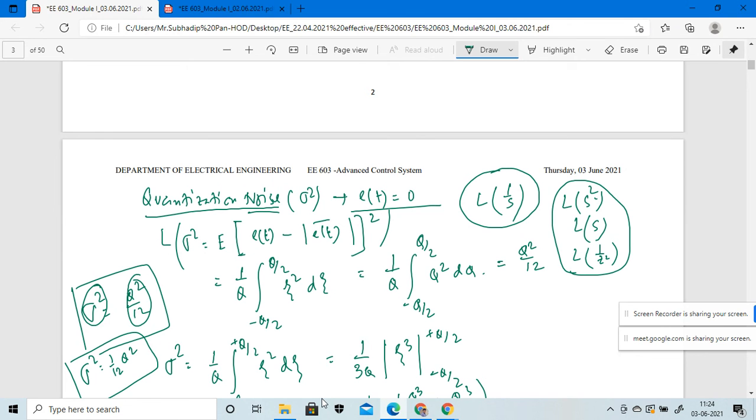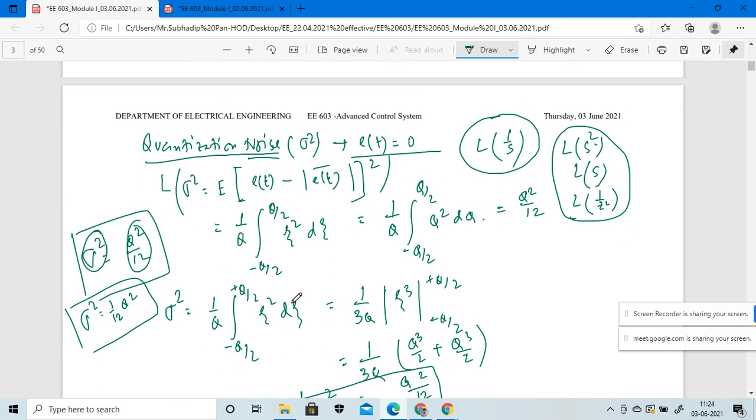Otherwise it will be very difficult when we deal with numerical problems, because no numerical has come yet. In the next module we have a very big numerical. It will be very uncomfortable for you if you do not understand the Laplace transformation, so keep that in mind.